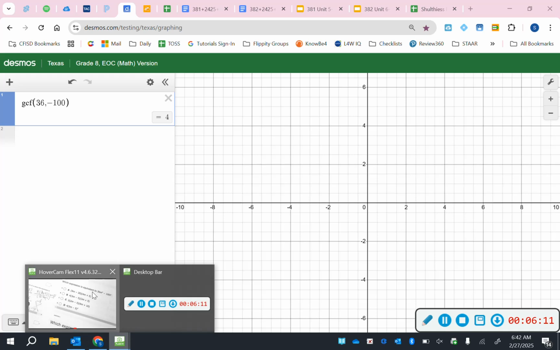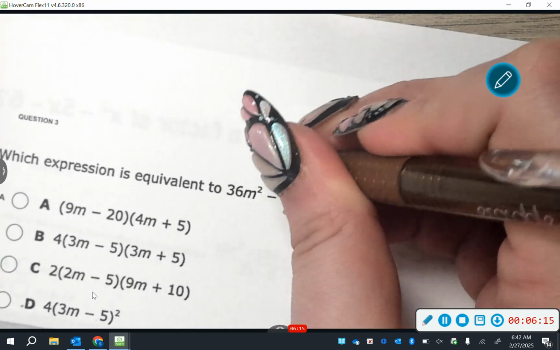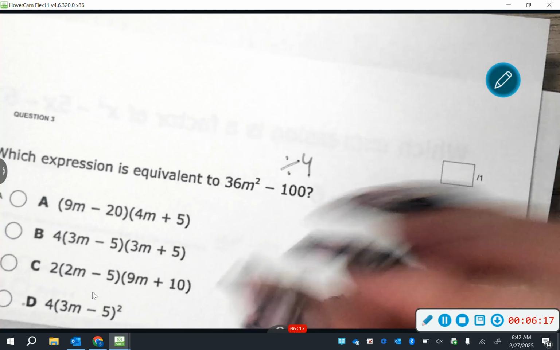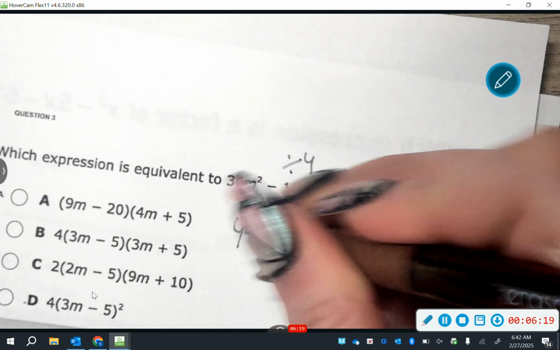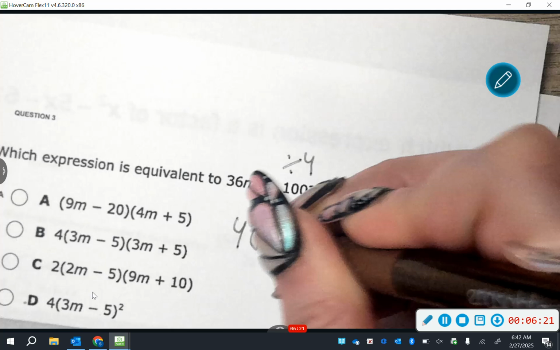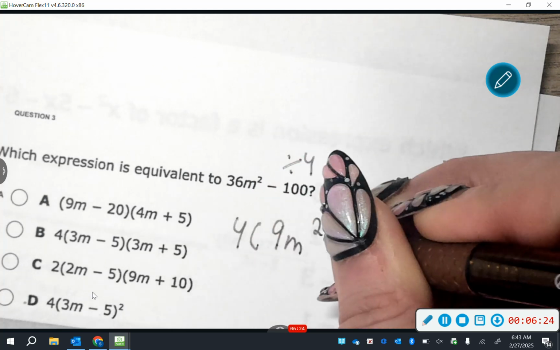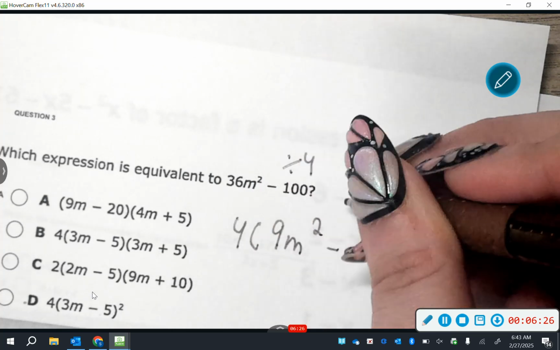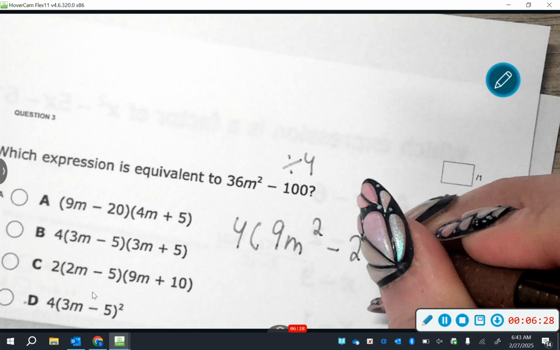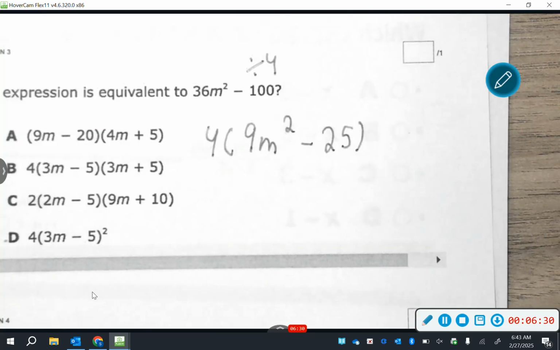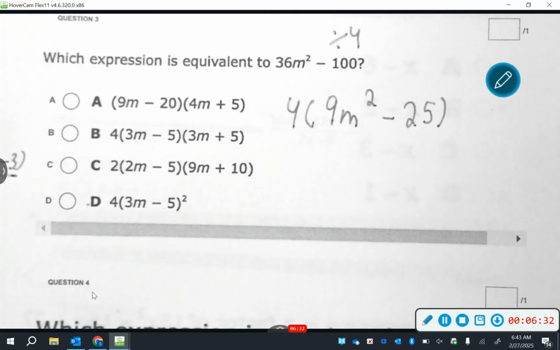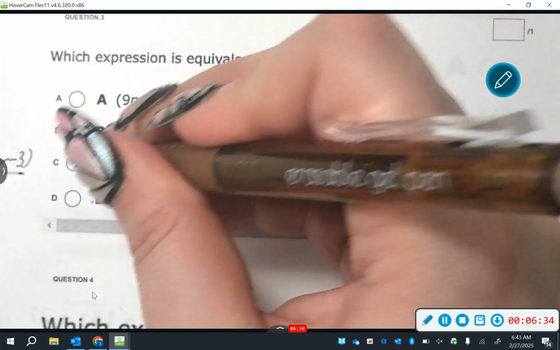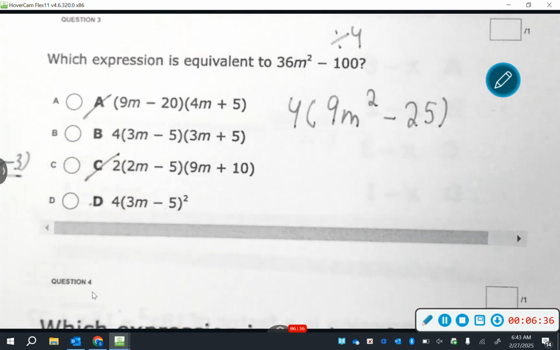So that means I have to divide everything by 4. 36 divided by 4, first of all, I'm going to write out my 4, would be 9m squared minus 100 divided by 4 is 25. Well, okay, we took out our GCF, and we know we have to have a 4 in it, so it automatically gets rid of this and this.